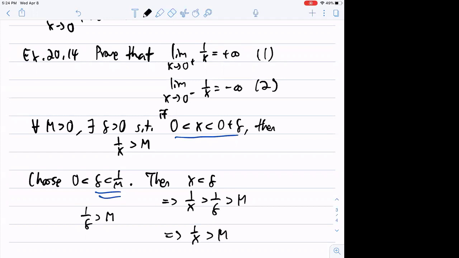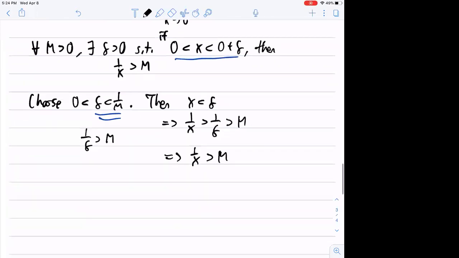And then you're done. So provided you can choose some delta between 0 and 1 over m, right? So you could argue this many ways. The first way is just to say there's infinitely many rationals in the interval 0 to 1 over m. So just pick delta to be one of those rational numbers.